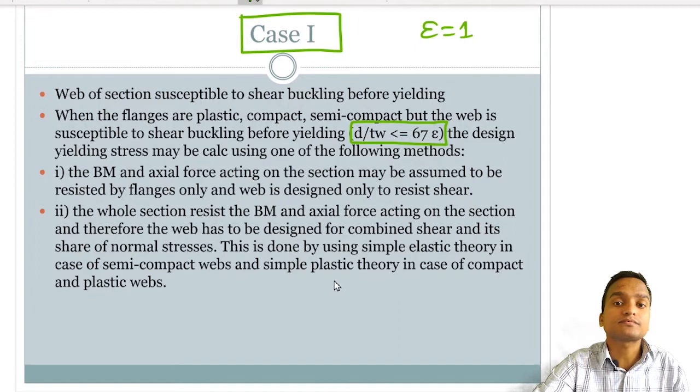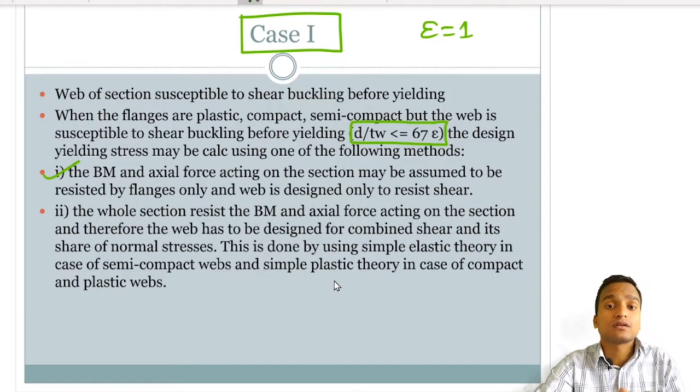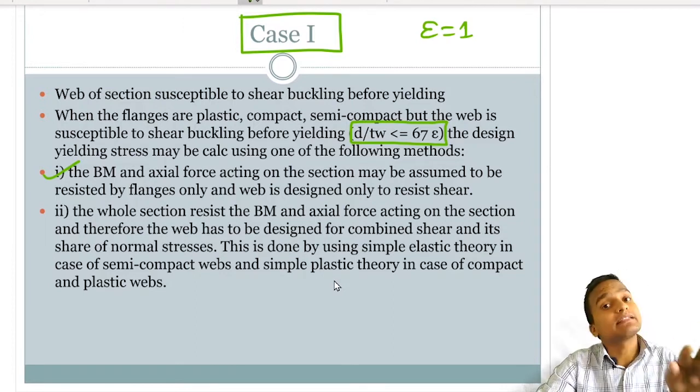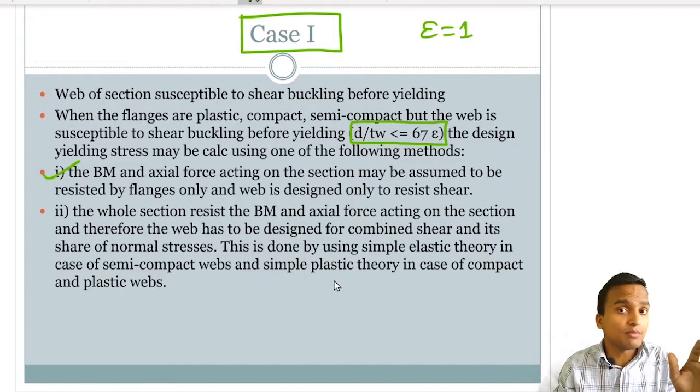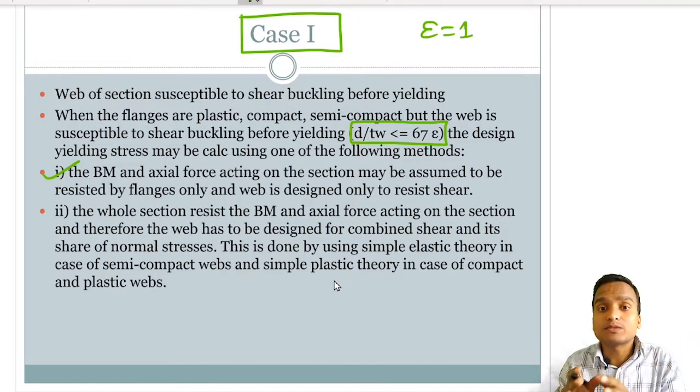In that case, the design yielding stress may be calculated using one of the following methods. The first method is that the bending moment and axial force are assumed to be resisted by the flanges only, and the web is designed only to resist the shear. Separately, flanges for the bending moment and axial force, and webs will carry the shear force.